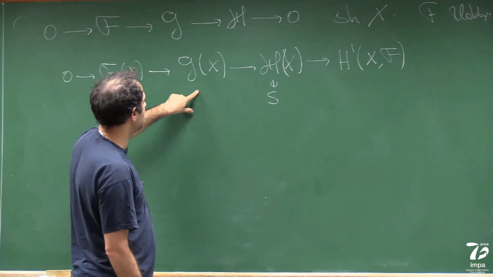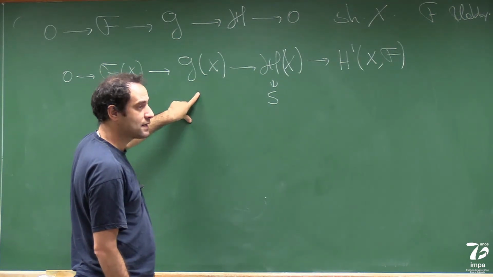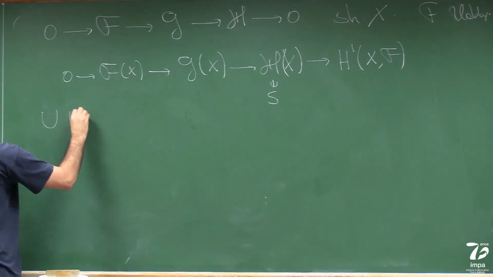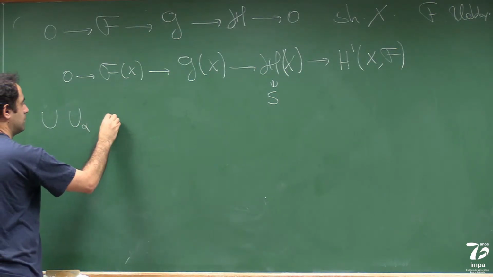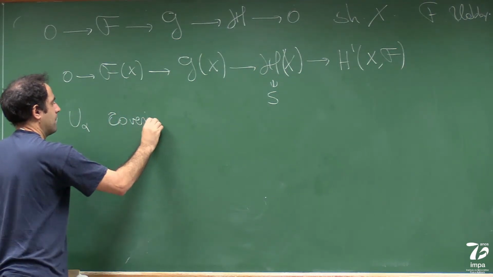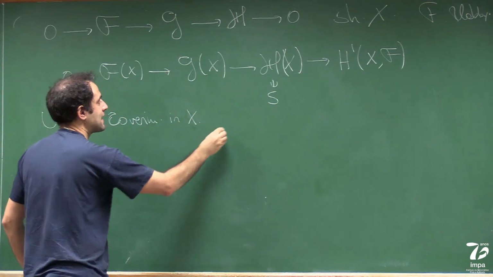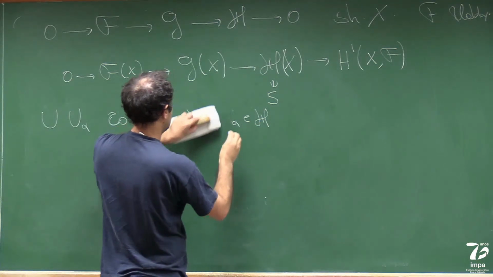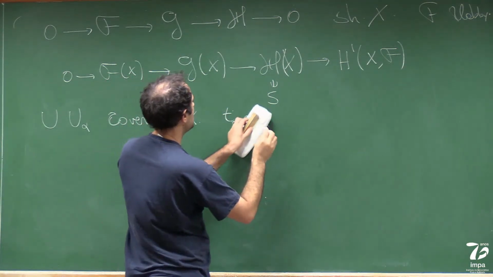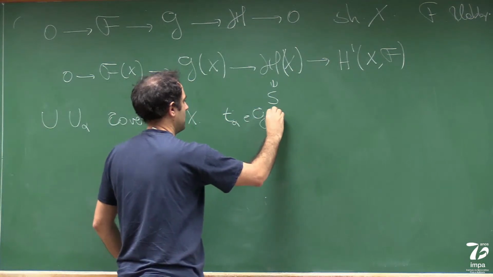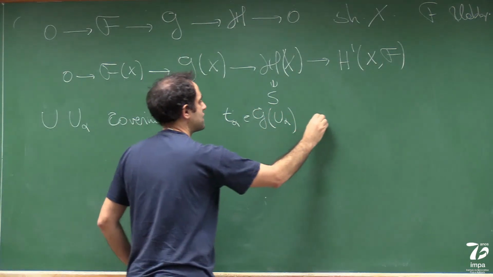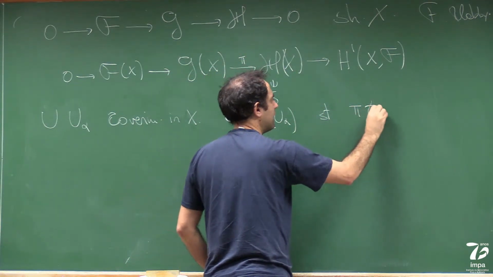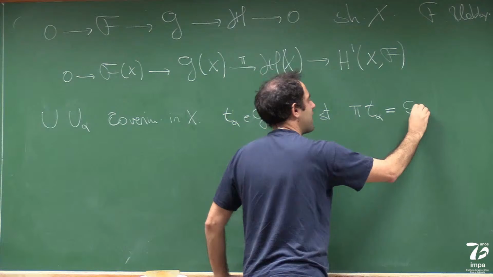So there doesn't necessarily exist a section of G of X that maps to S. But what we do know exists is a covering of opens in X and sections T alpha of G of U alpha, such that the image under this map, pi of T alpha, is equal to the restriction of S to U alpha.